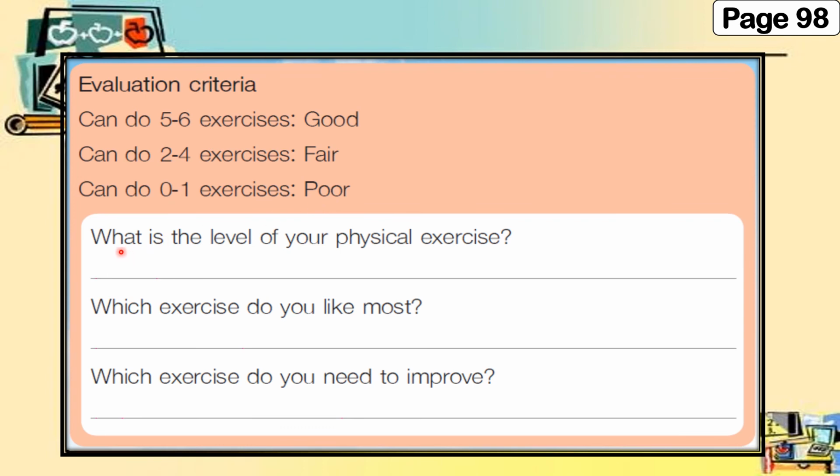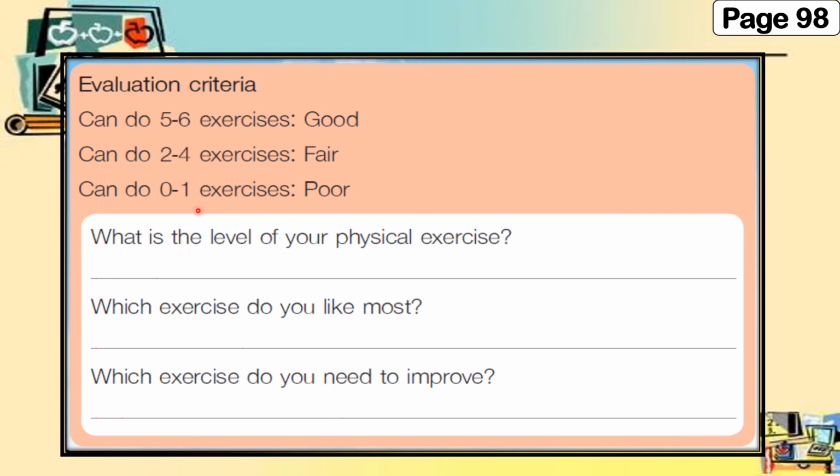Now, what is the level of your physical exercise? You need to count how many checks that you can do. So there are 6 checks. You count what are the exercises that you can do.